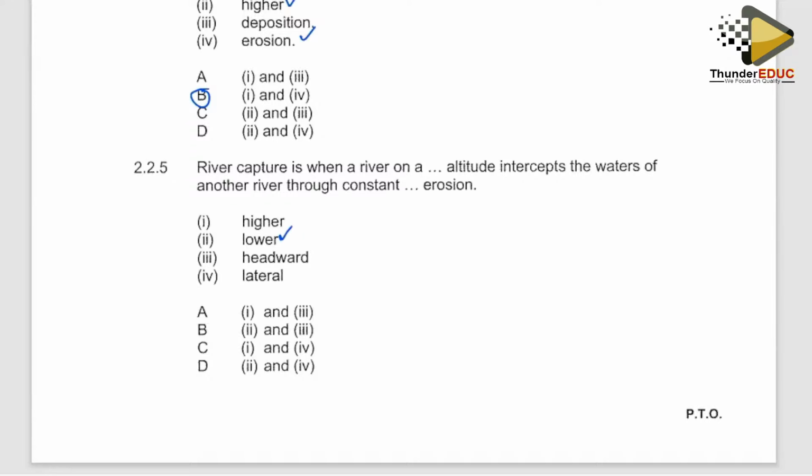What makes the river able to reach that area is headward erosion, the type of erosion responsible for lengthening the river channel. The river becomes longer and longer because of headward erosion, whilst lateral erosion is responsible for widening. We also call this sideway erosion. So our item number 2 and item number 3 at letter B is the correct response.